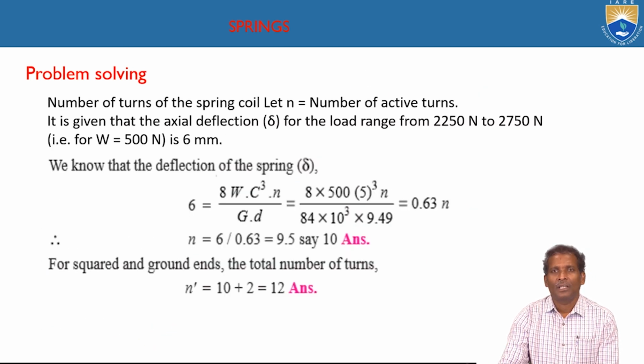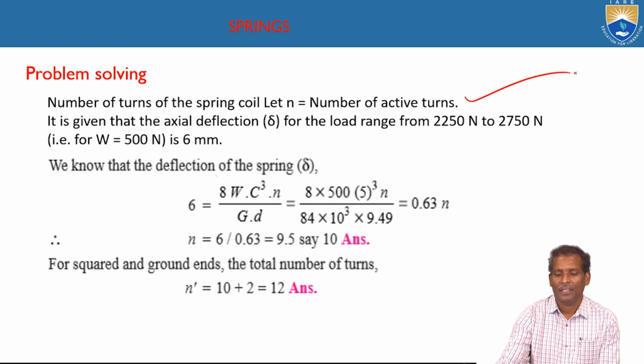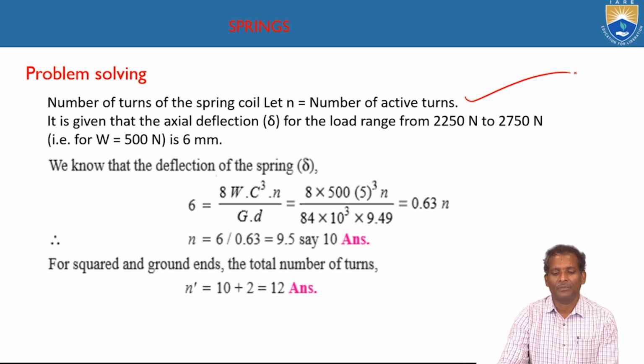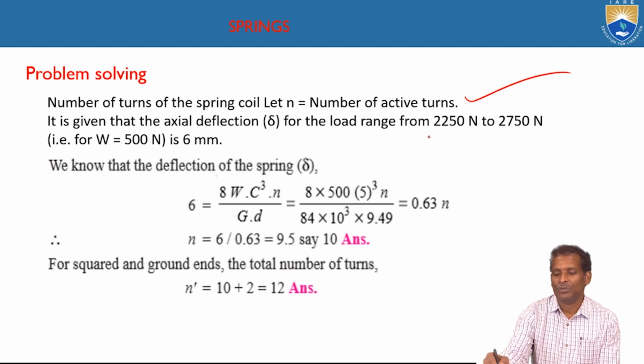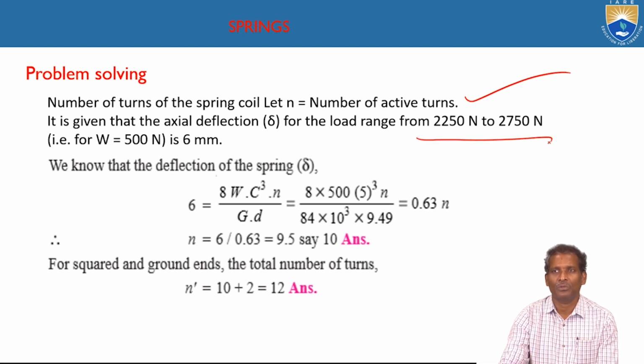Next one, number of turns of the spring coil. So to assume number of active turns N, and it is given that the axial deflection for the load range is 2250 newtons to 2750 newtons. So that is, for the load 500 newtons, it is 6 mm.